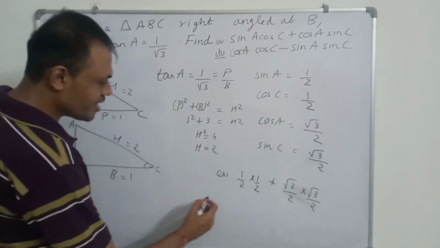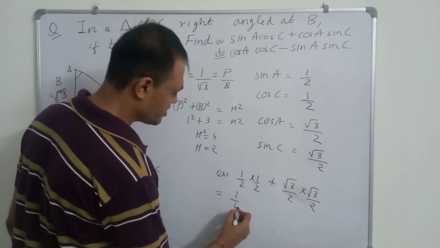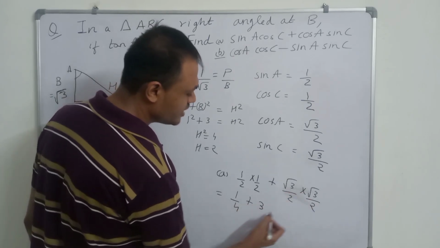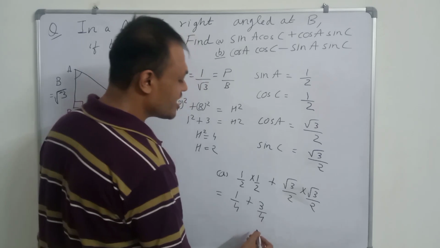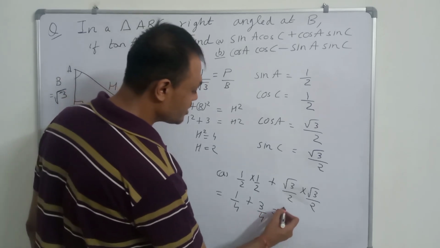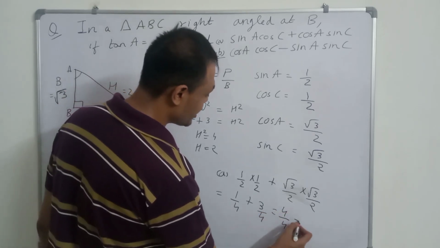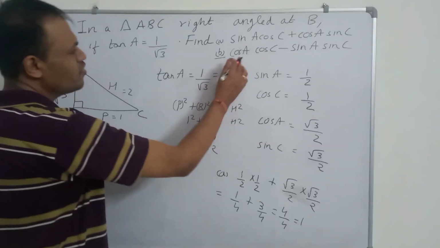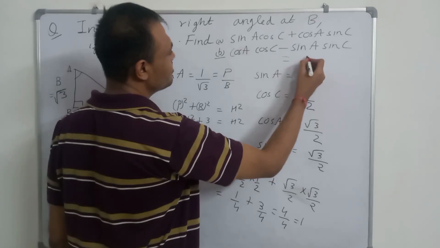So this will be equal to 1 by 4 plus √3 into √3 will be equal to 3 and 2 into 2 will be 4. So 1 by 4 plus 3 by 4 will be equal to 4 by 4 which will be equal to 1. So the answer of A is 1 and B you can solve it, the answer for B will be 0.